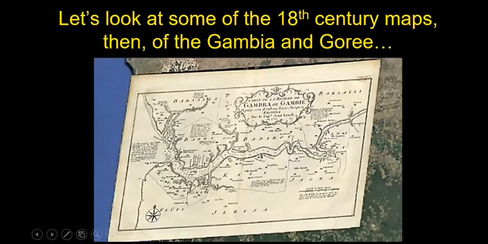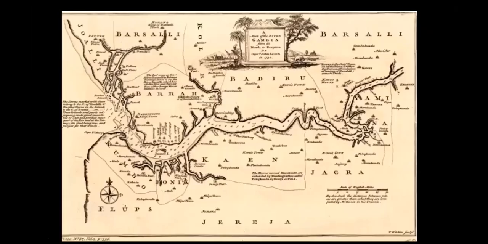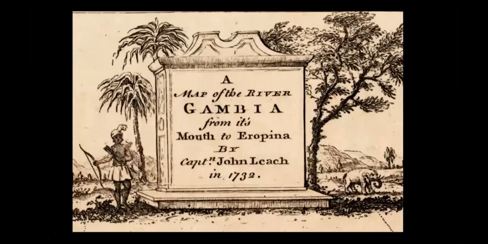Let's look at some of the 18th century maps then of the Gambia and Gorée Island area of West Africa. Here's one of the best known ones by a fellow named Leach, Captain John Leach. He developed a map in 1732 of the Gambia River, which was quite detailed.